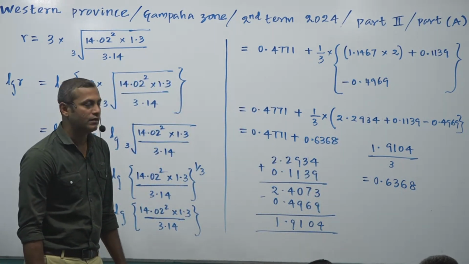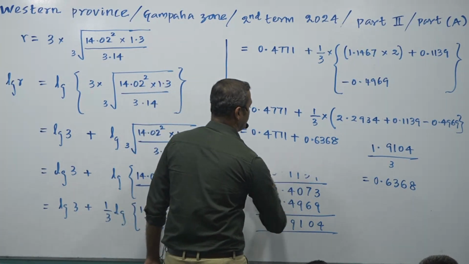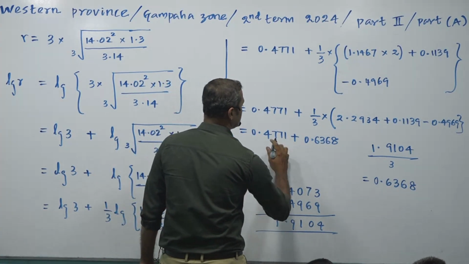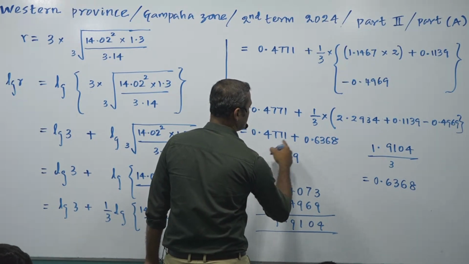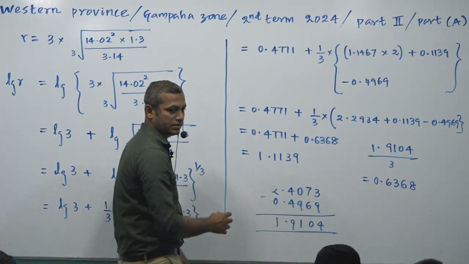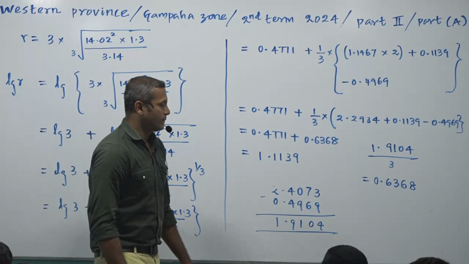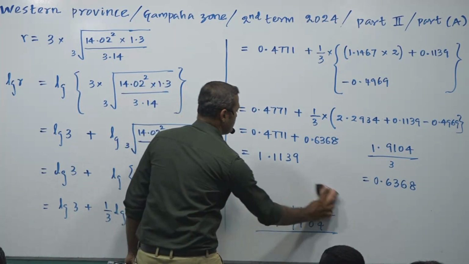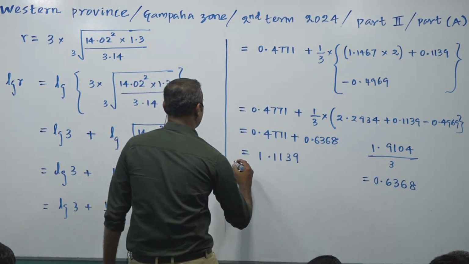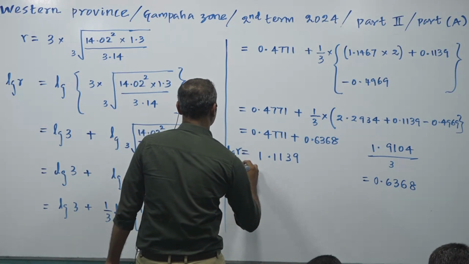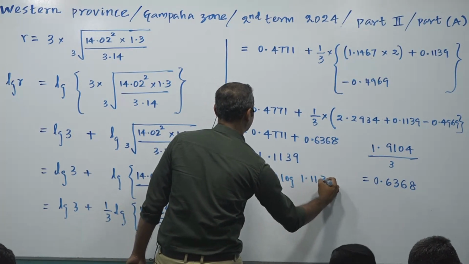Is that clear? Okay, now add them, see. 9, 13, 1 remains, 11, 1 remains, 1. Have you got this answer? Check your answer. Then this is our lg R, log R. So R equals antilog of this, 1.1139.